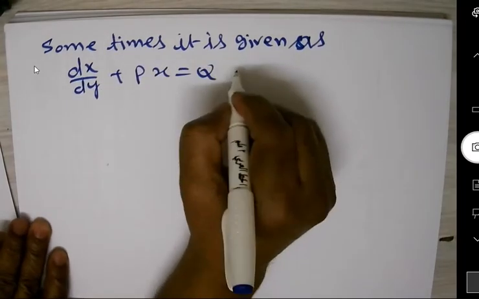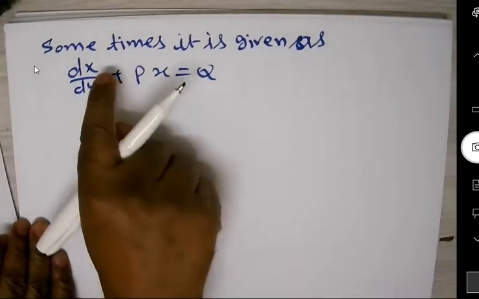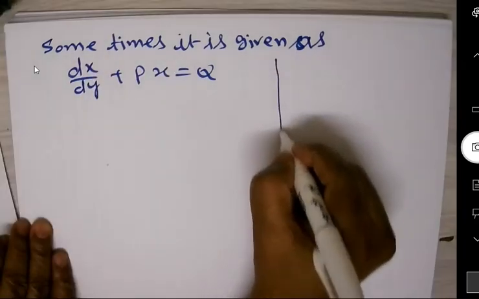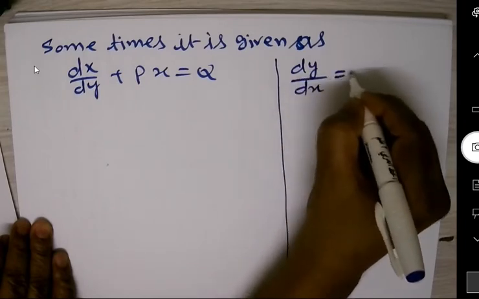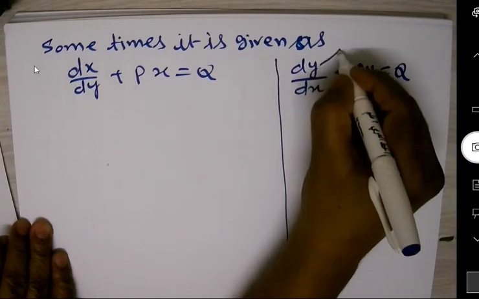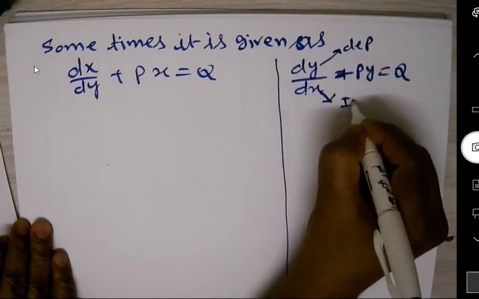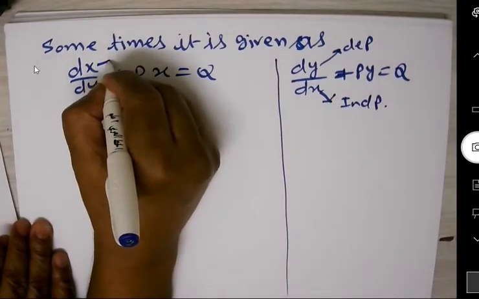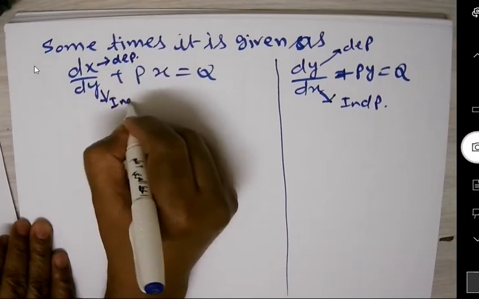It means that now the dependent and independent variables are interchanged. In the differential equation dy/dx plus py equal to q, y is the dependent variable and x is the independent variable. But here, x is the dependent variable and y is the independent variable.